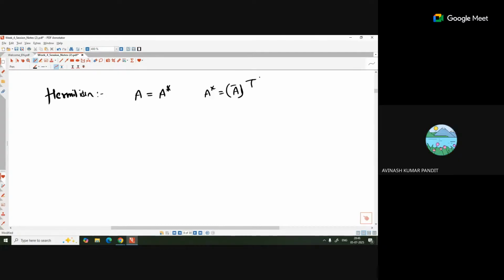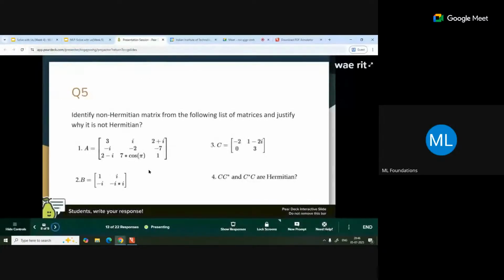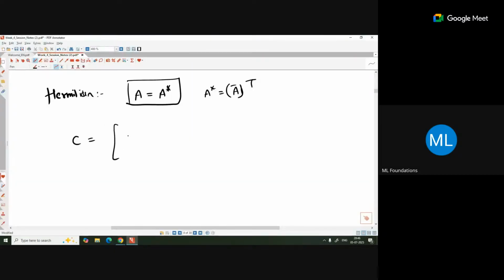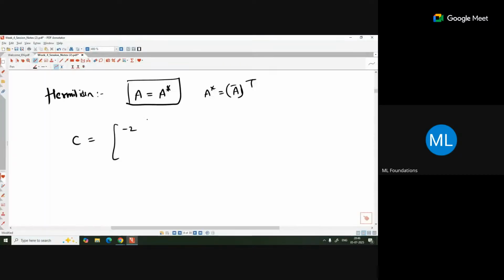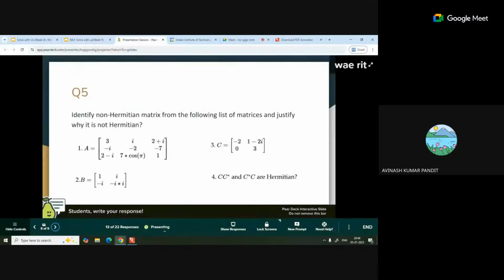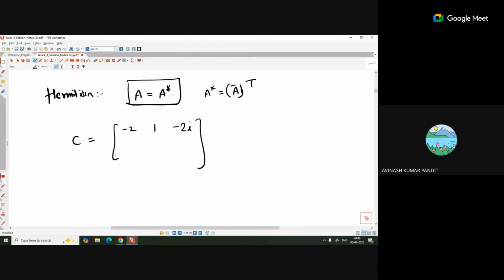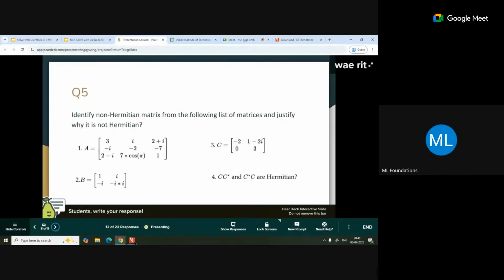So in this case, what is C? C is -2, 1, 0 and 3. Is there any short method? The multiplication with conjugates is getting long. No, there is no short method.